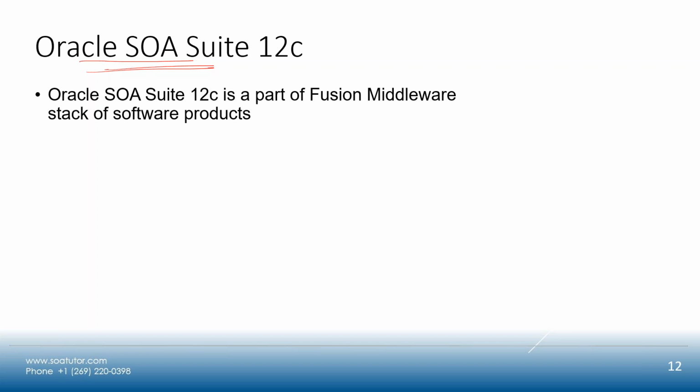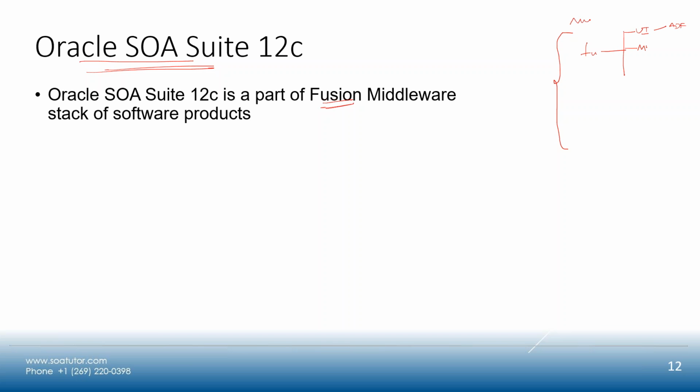Oracle SOA Suite 12c is a part of Fusion middleware stack of software components. Now we have come to this one called Fusion. Fusion is not some technology or something like that. Oracle has bundled all the related technologies into something called Fusion. So this Fusion has different things like the UI technologies like ADF, and the middleware technologies.